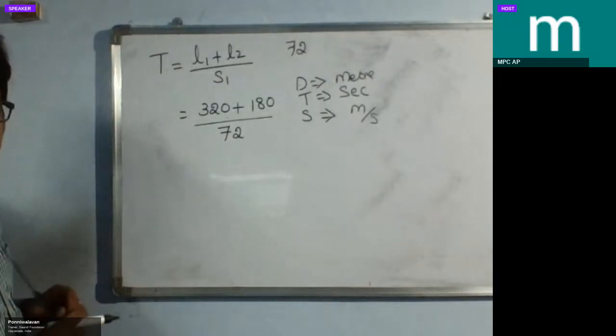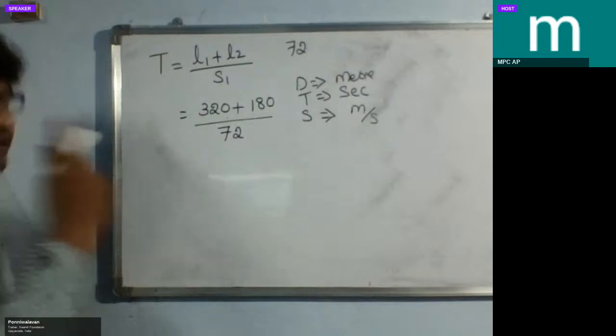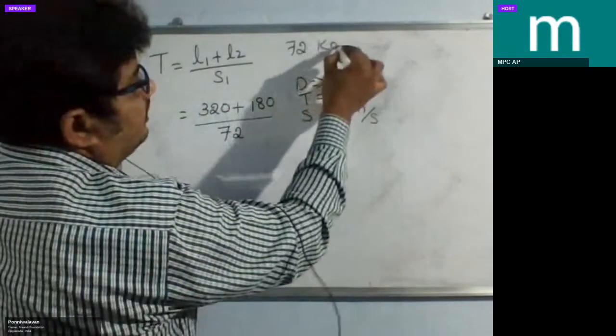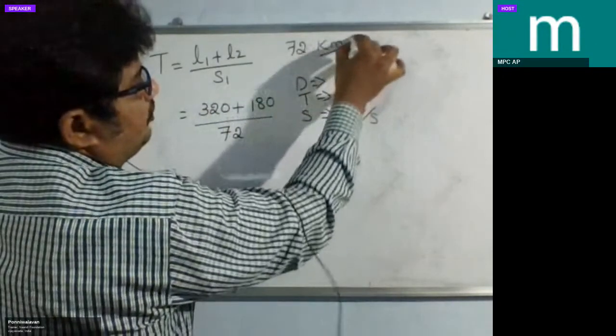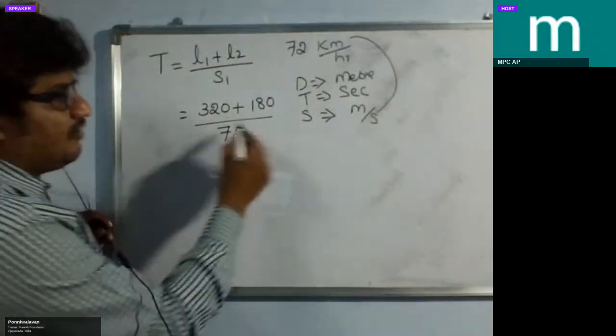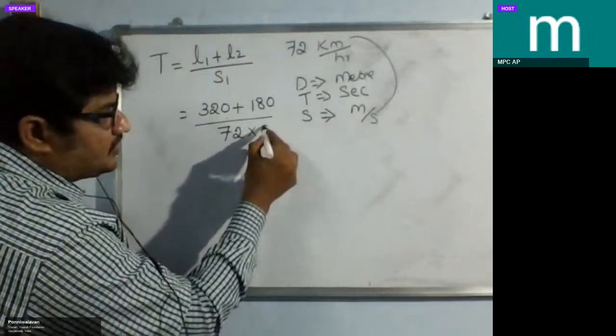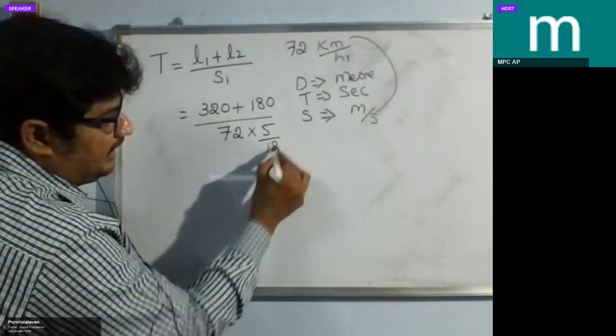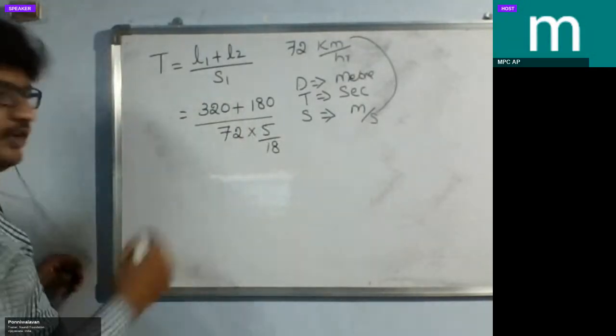Kilometer per hour. So now we need to convert kilometer per hour to meter per second. How will you convert kilometer per hour to meter per second? Multiply by 5 by 18.